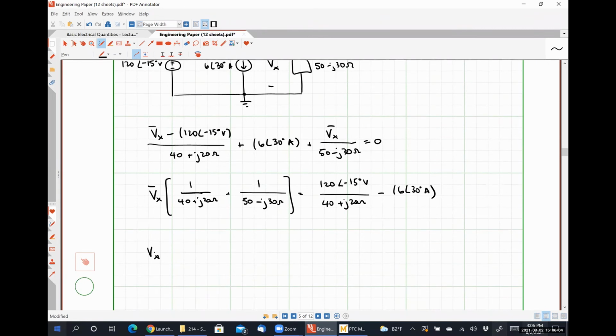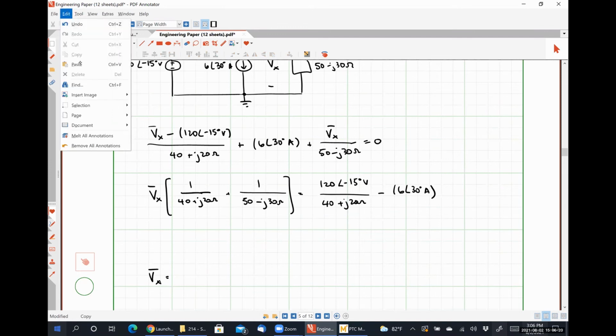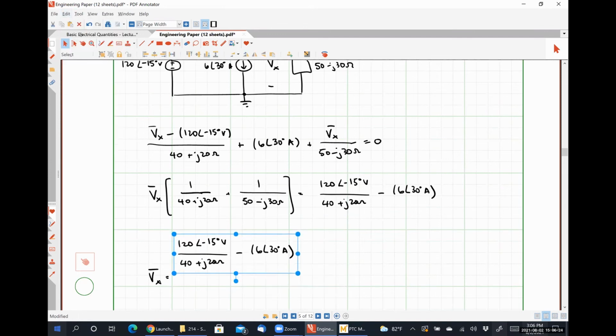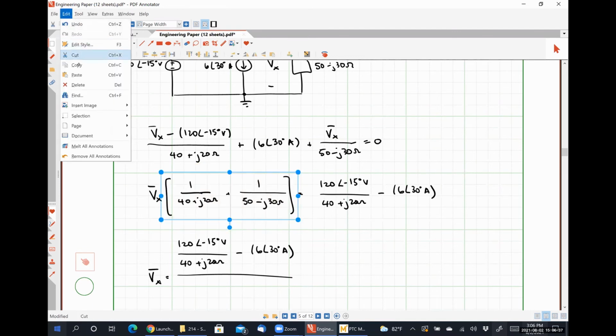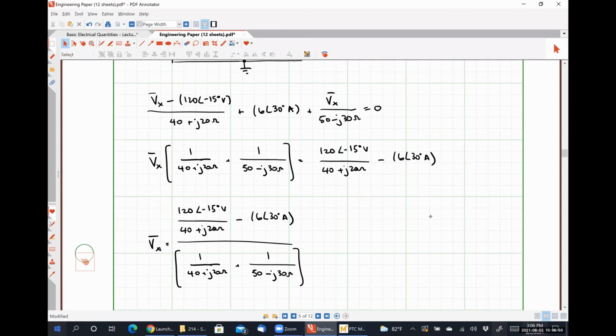And therefore, Vx is just this quantity, which is a number that we can calculate, divided by this guy, which is also something that we can easily calculate.